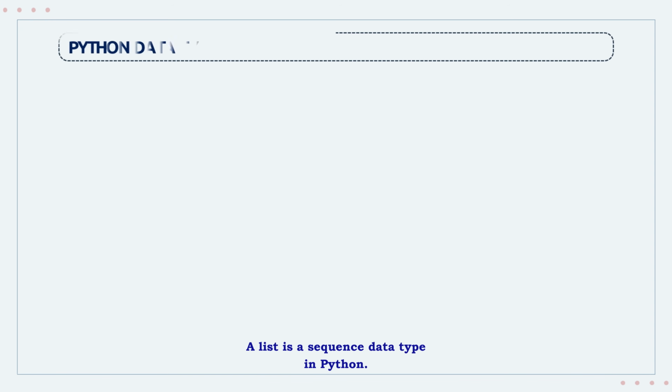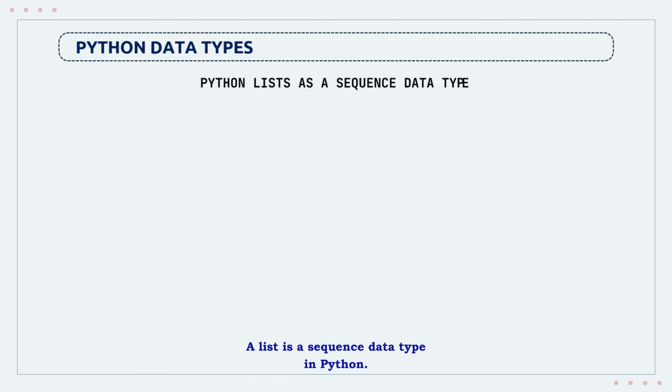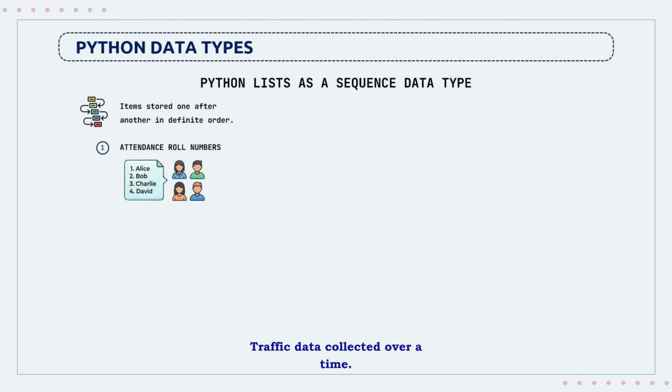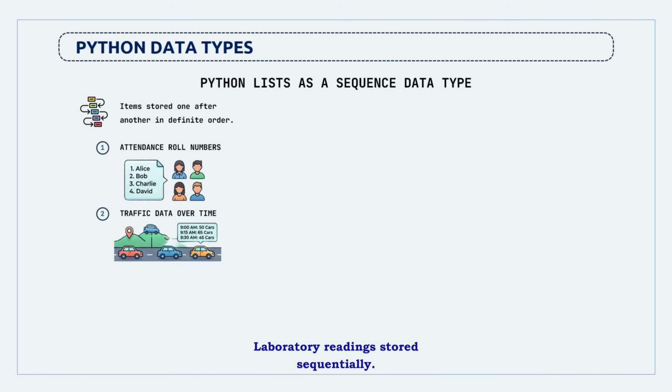A list is a sequence data type in Python. The word sequence means the items are stored one after another in a particular order. Just like roll numbers in an attendance register, traffic data collected over time, laboratory readings stored sequentially.